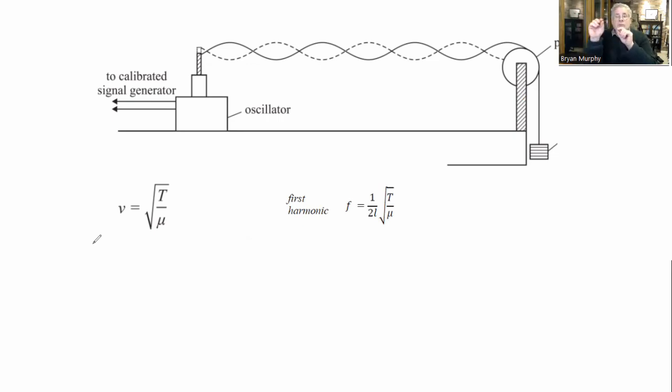There is a formula which links the velocity to the tension on that string and how thick the string is. Because if you imagine a guitar, you can change the tension by the pegs at the end. You can tune it by changing the tension. If you look at the guitar, the highest string, top E, looks pretty thin.